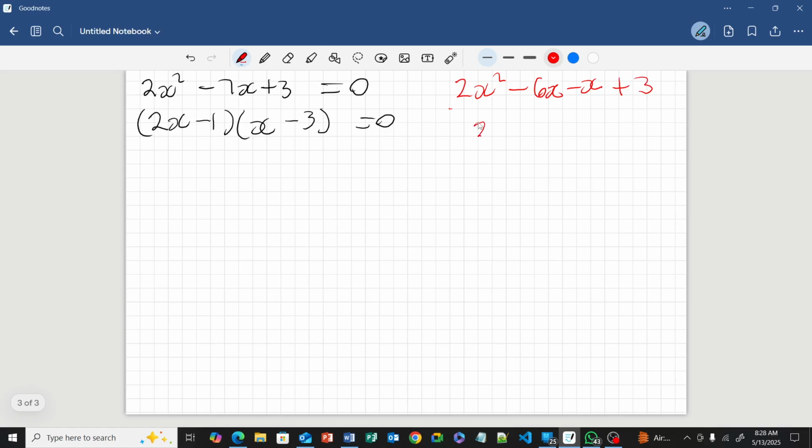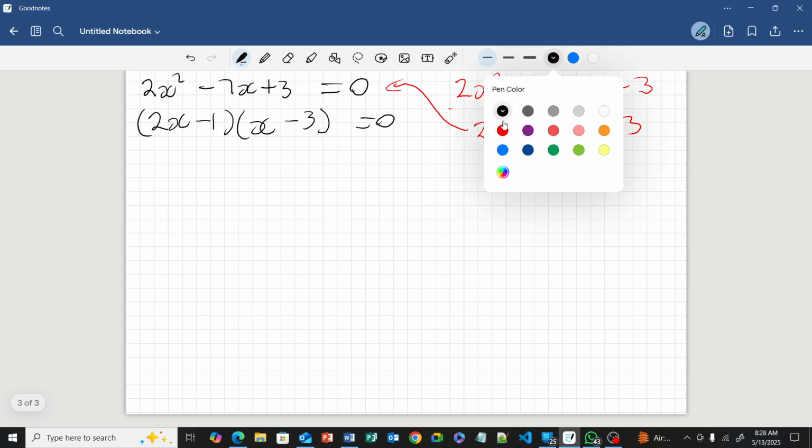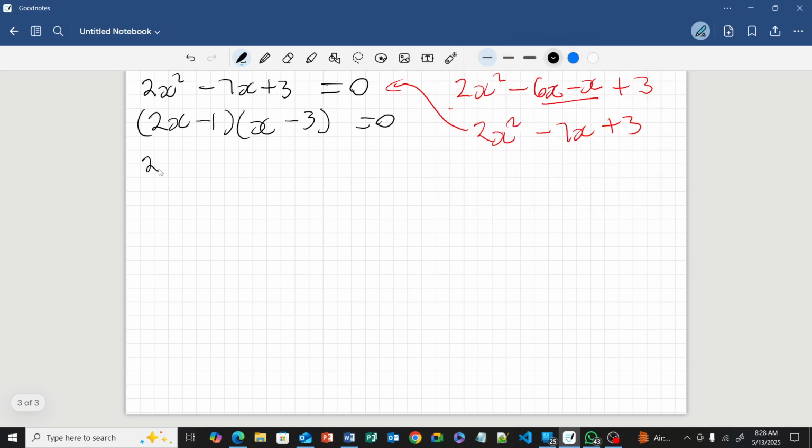So now we have 2x squared, these are like terms, minus 7x plus 3. If the answer you got here is similar to that, then you may continue. Okay, since I can see that they are similar, I will indeed continue. Then I will say 2x minus 1 equals 0, or x minus 3 equals 0.